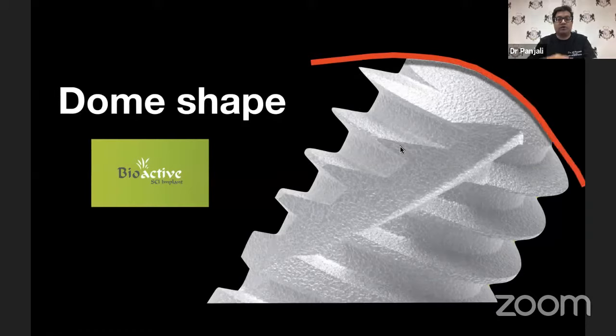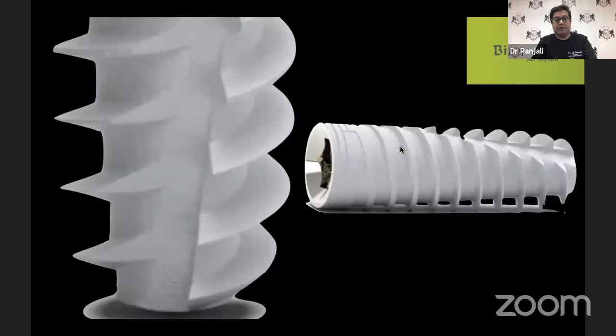So when you want to do a sinus bump or a little sinus lift, all you have to do is merely push the implant up, and the design of the implant would allow you to get a sinus lift.